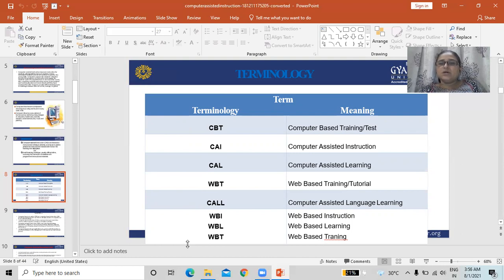These are the terminology we use in computer technology.